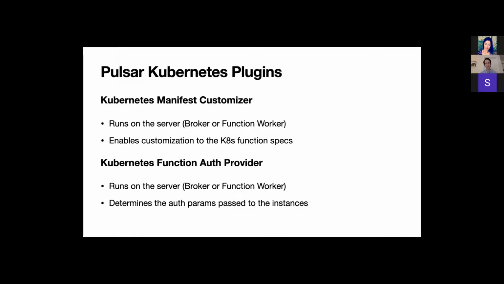This essentially allows you to do any modification to the function spec before it gets deployed to the Kubernetes API server. The second one is a function auth provider. And this essentially determines the auth parameters that the function instances will use to read their credentials to connect to Pulsar.